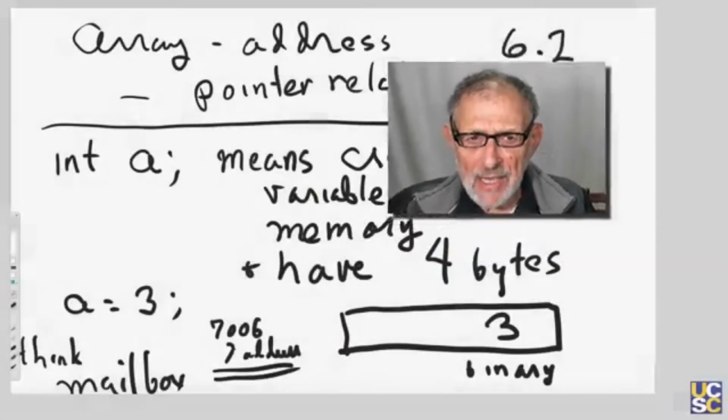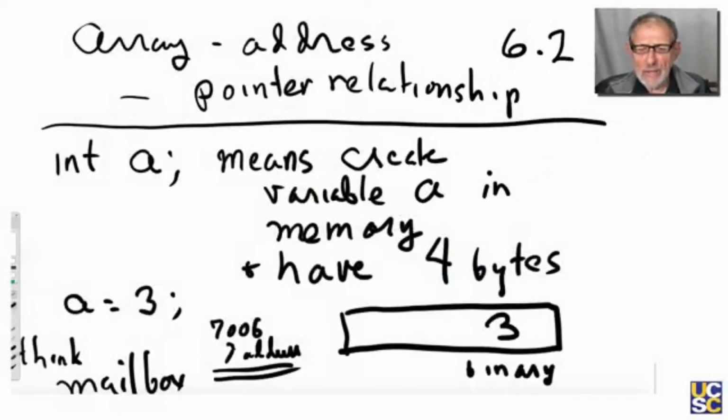Okay, now we want to get into the weeds. This is a difficult to picture set of ideas. Exactly how is an array stored in memory? What we have to understand is an array has a place where it's stored, and it starts at what's called its base address.